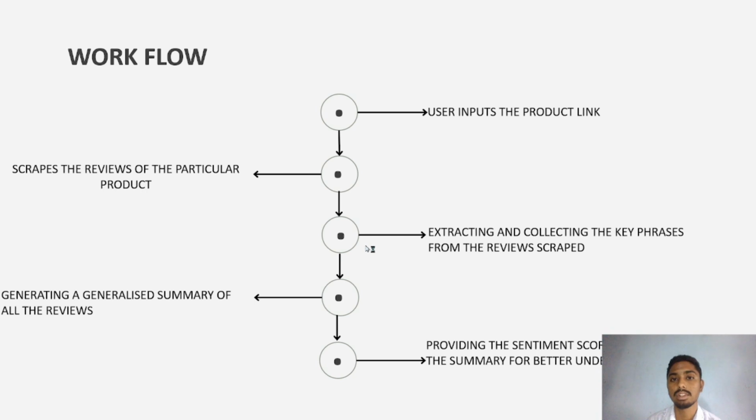So these help us generate a concise output. The many key phrases extracted are collected and made into a generalized summary. The generalized summary will be further passed to the sentiment analysis agent, which will give the sentiment of the overall product, whether it is negative, positive, or neutrally blended.